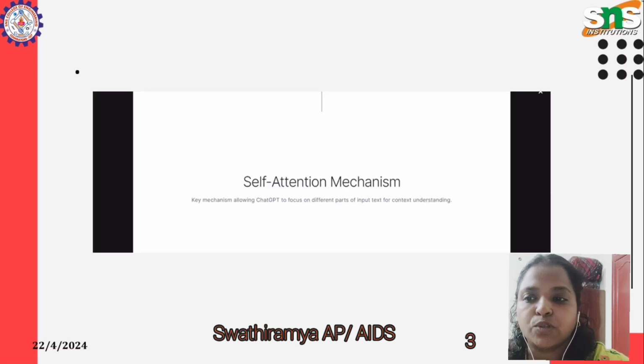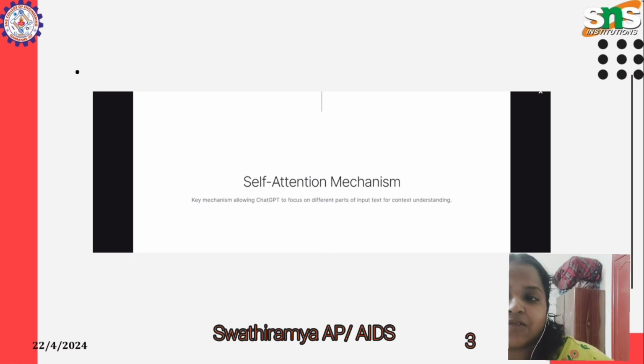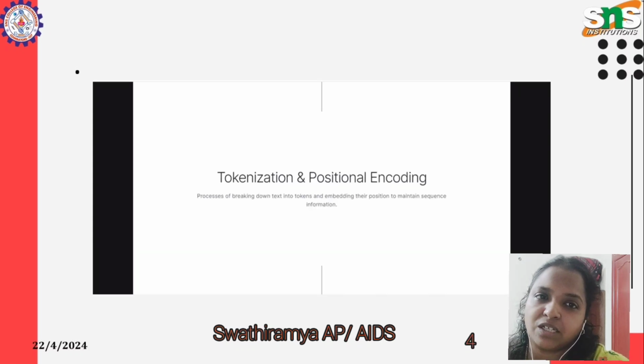It helps to find the dependencies of two words. That's the self-attention mechanism. Then we discussed tokenization. We know well about tokenization: we break the sentence into small words, or in some way divide the sentence into small parts. That is called tokenization.